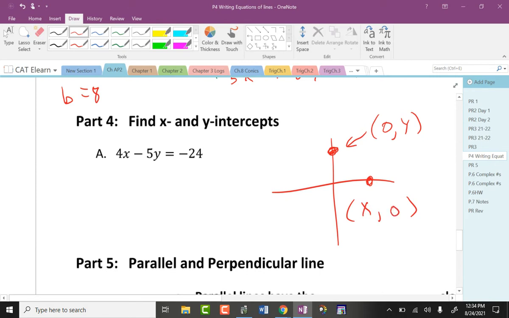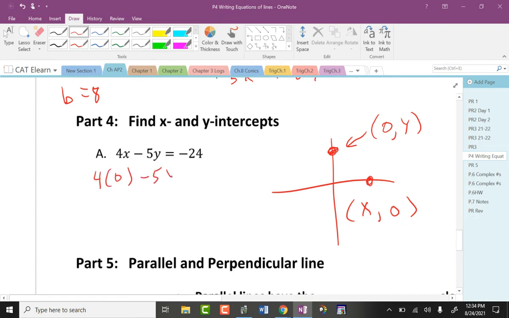So to find x and y-intercepts, it's actually pretty easy. I actually can use my hand and cover this to find what y is when x is 0. Or I can cover my y to find out what the x-intercept is because I'm plugging in 0 for y in that case. Or physically do it.